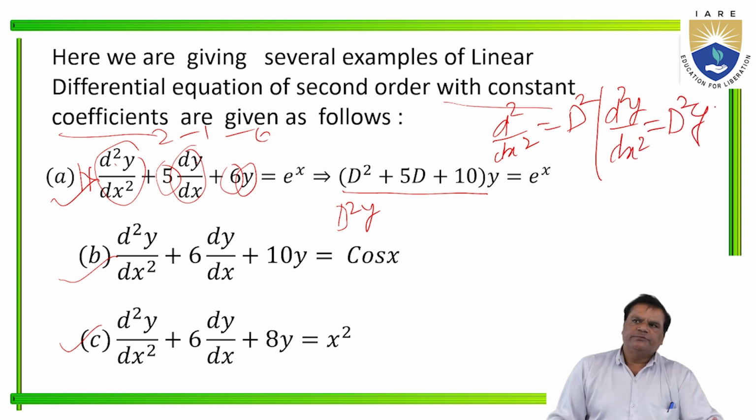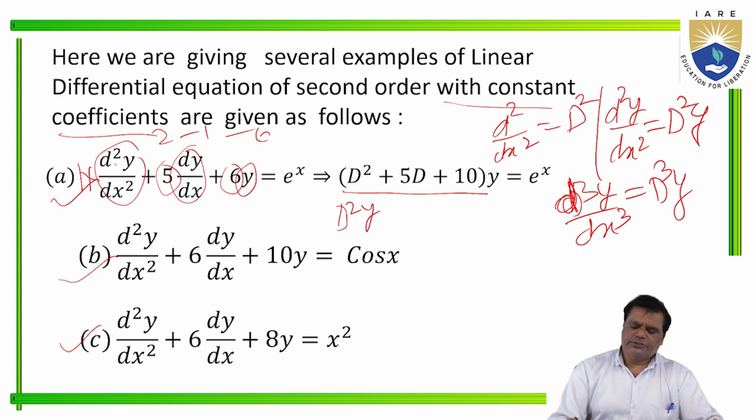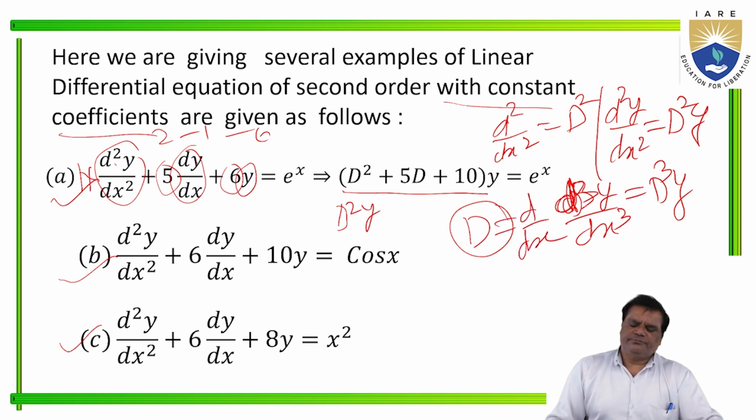D cube y over dx cube, this is d cube y. This is small d here. D cube y over dx cube equals d cube y. D is the ordinary differential operator, represented by d over dx.